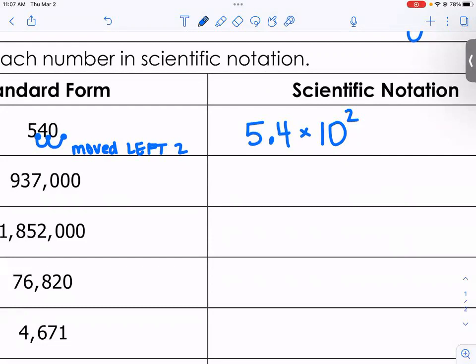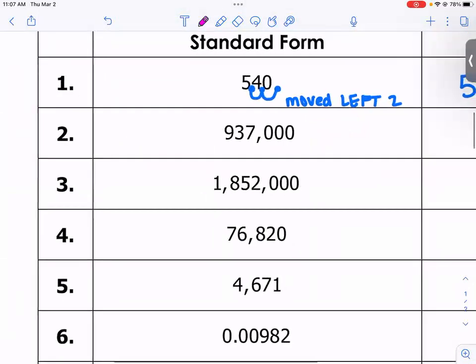Let's try another one. So number 2, go ahead and take your pencil and put it where the decimal point is. Did you put it right there, at the end of the number? Okay. If there's not a decimal point, we put it after the last digit.